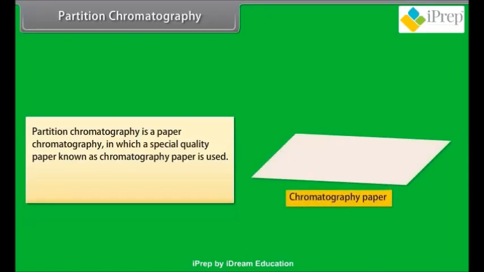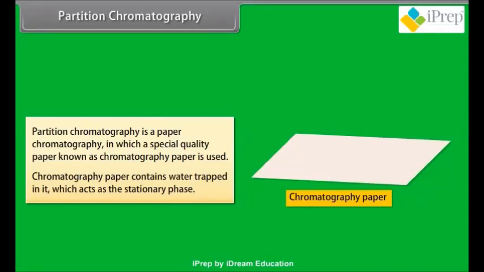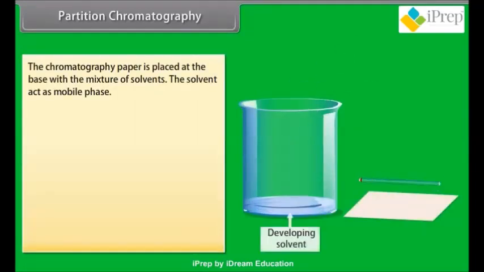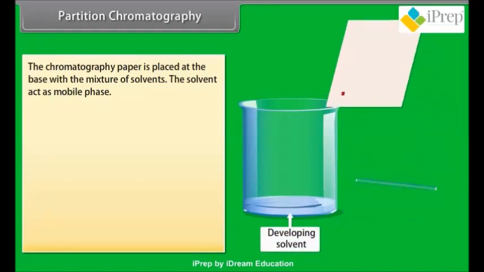Partition chromatography is a paper chromatography in which a special quality paper known as chromatography paper is used. Chromatography paper contains water trapped in it, which acts as the stationary phase. The chromatography paper is placed at the base with the mixture of solvents. The solvent acts as the mobile phase.